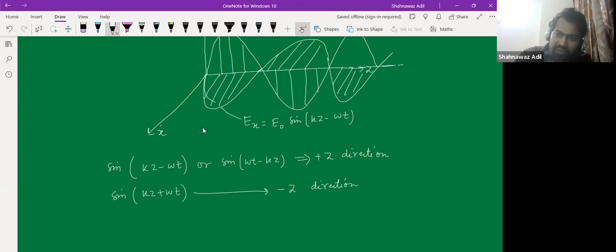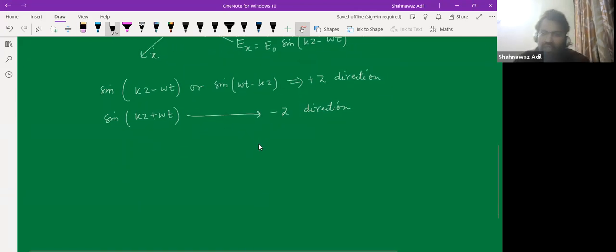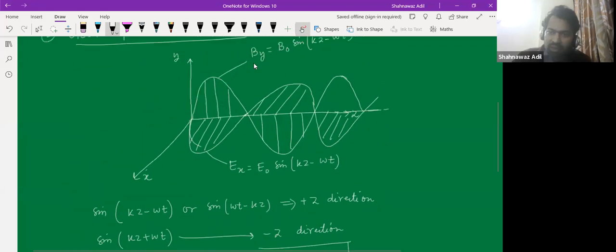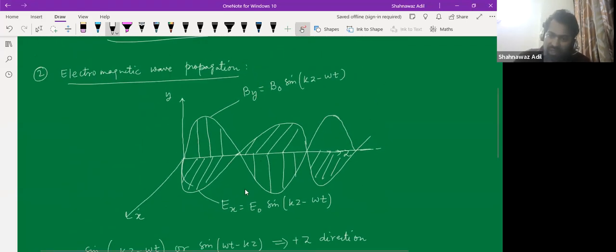And the direction of propagation, how do we calculate that? The direction of propagation is given by E cross B. So this will give you the direction of propagation. We can check from here as well. The electric field is in what direction?